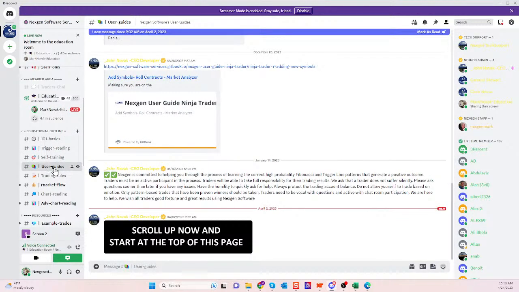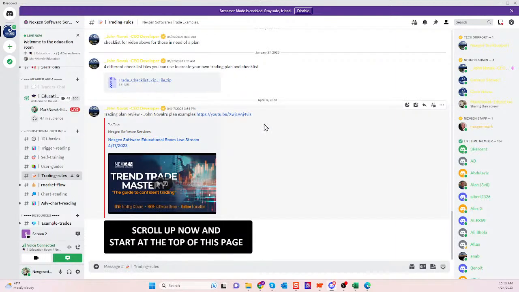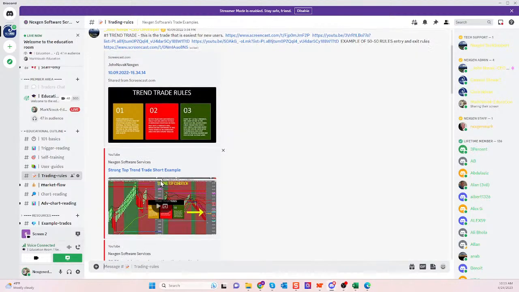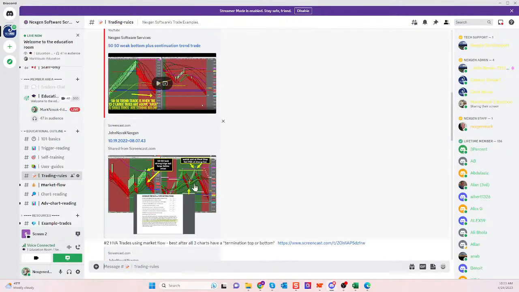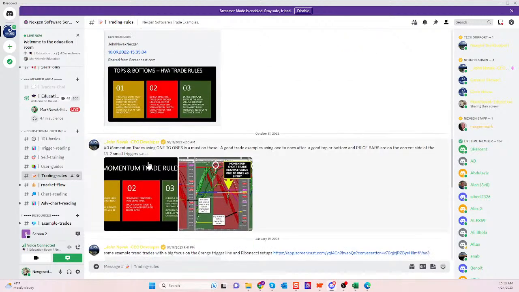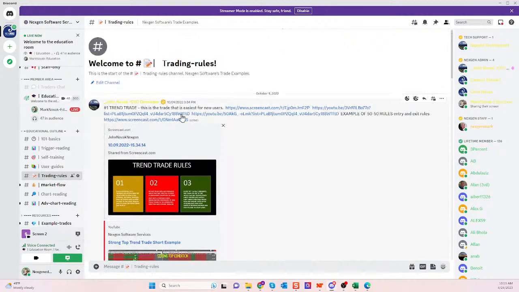The user guides will take you back to the Nexgen education page so that you can find those rules, find all the pictures. There's the trading rules right here, and you'll notice that it starts with the high probability trend trade. It's the easiest one for users. As you grow with the software, you may work yourself into HVA trades, momentum style trades, but everything begins right there.